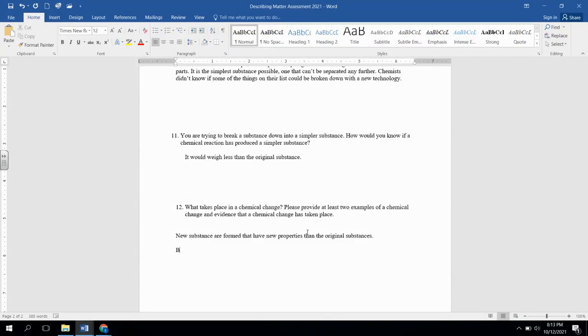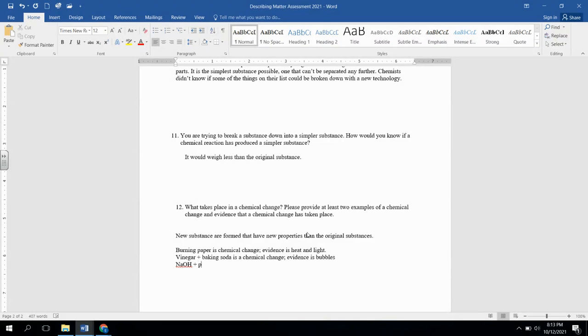Okay, so provide at least 2 examples of a chemical change. So if you burn paper, that is a chemical change. Evidence is heat and light. Vinegar plus baking soda is a chemical reaction. And in this one, evidence is bubbles.